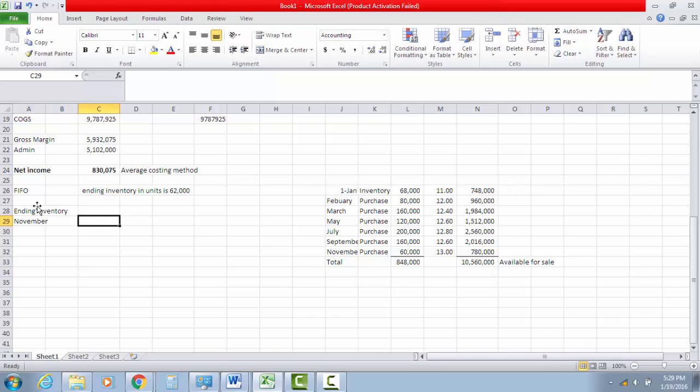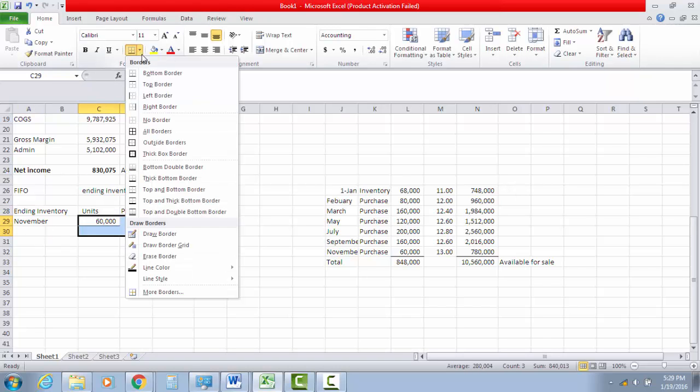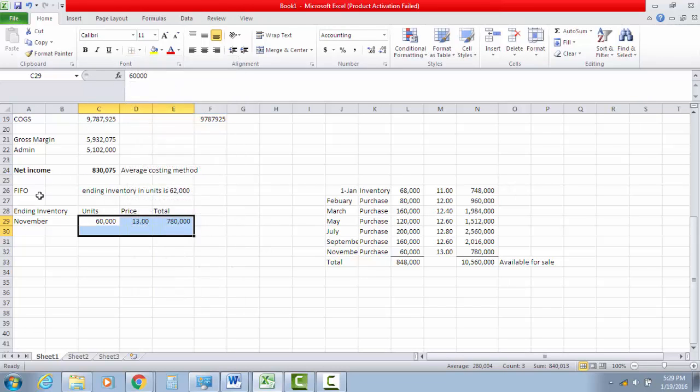Actually my November is 60,000 at $13. So units, price, total. Of that, since I have 62,000, I then only need 2,000 more units.